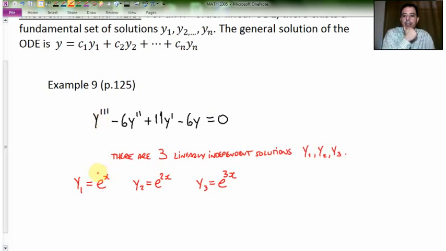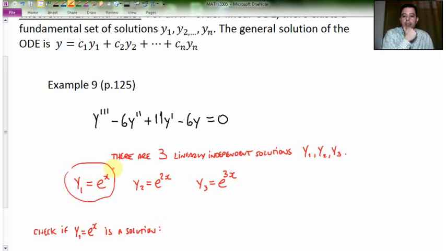For example, let's check this one here. The third derivative of e to the x is e to the x. Let me write this here. Check if y1 equals e to the x is a solution.